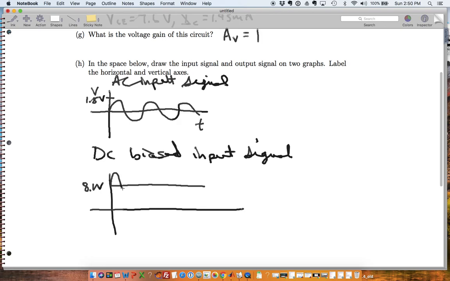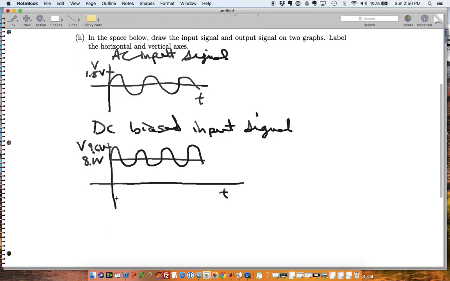This is what my signal looks like: it wiggles around 8.1 volts. This is t, and this is my voltage. So this right here is 8.1 plus 1.5, so 9.6 volts. And here is going to be 8.1 minus 1.5.